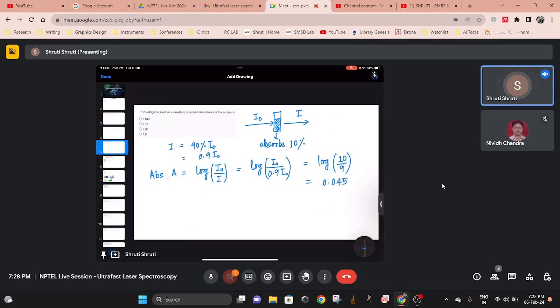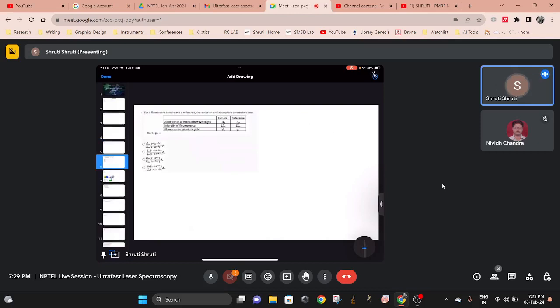It's a unitless quantity, absorbance. So the absorbance of the sample will be 0.045. This question was a simpler one. The correct answer is 0.045. Okay, let's move to the next one.